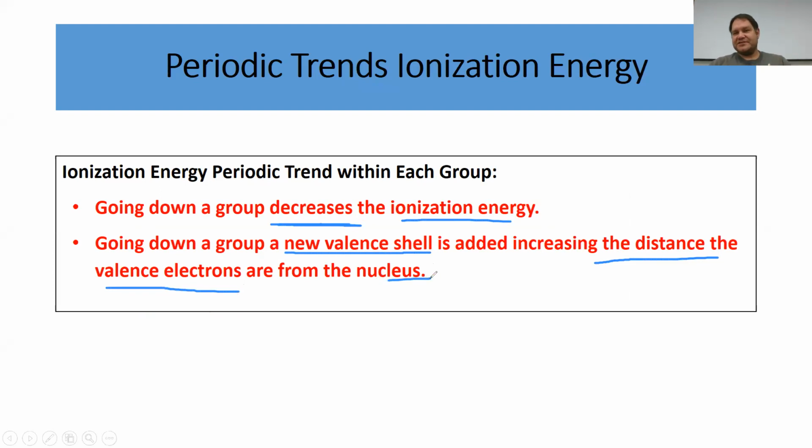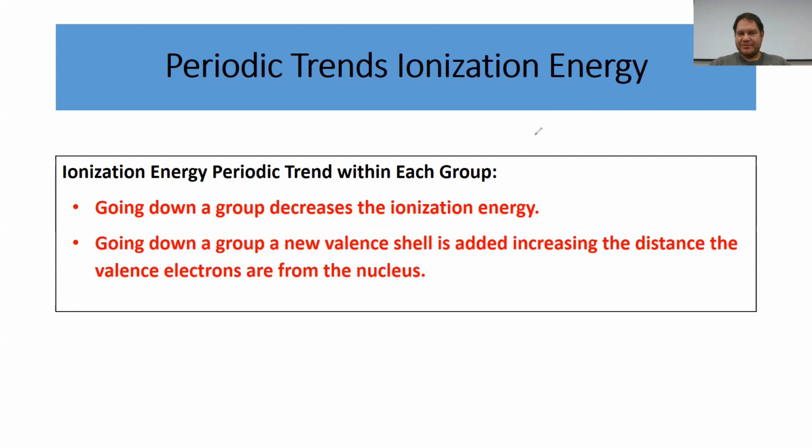And again, using Coulomb's law, as the electron gets further from the nucleus, the electrostatic force of attraction gets weaker and weaker, and therefore it's easier to remove that electron from the valence shell. So those are the two major periodic trends for ionization that you should be clear on.